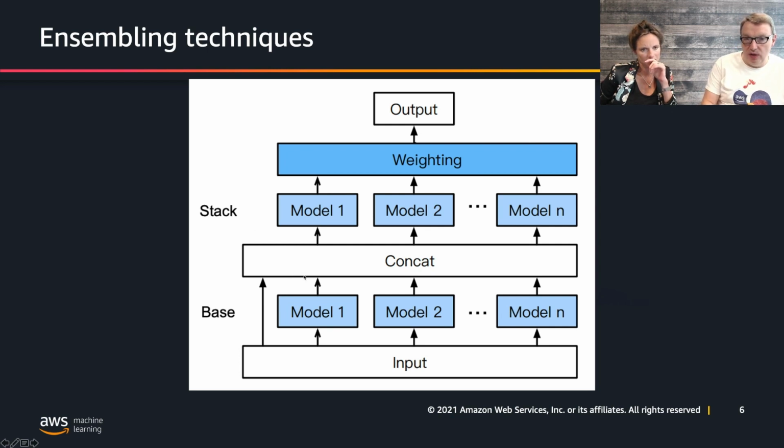So they are trained with those predictions as input, trying to predict the correct result. And again, we train a second layer of models, and again we'll use bagging for that. And finally we build a level 3 weighted average, and this gives us the output.